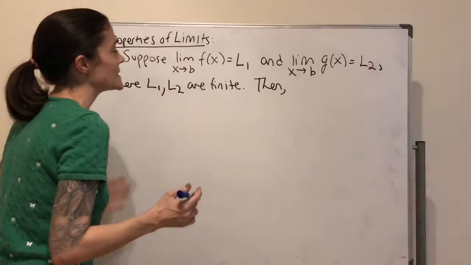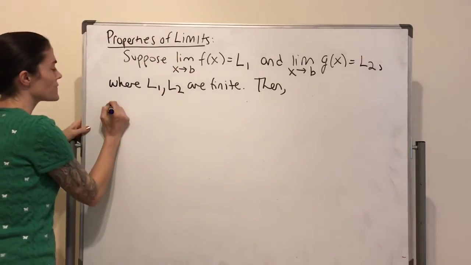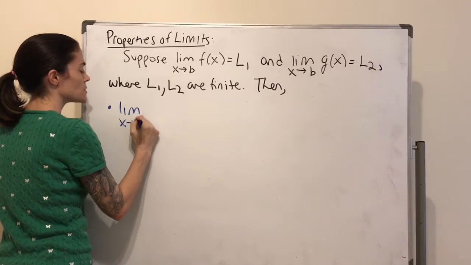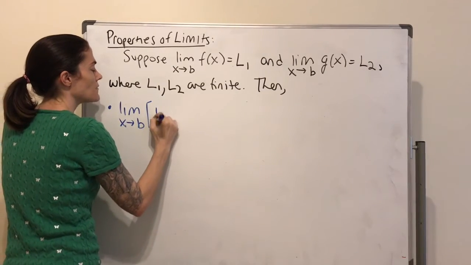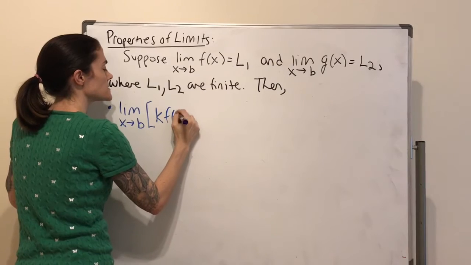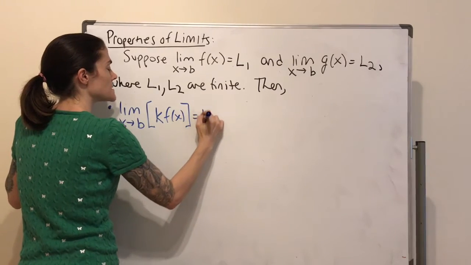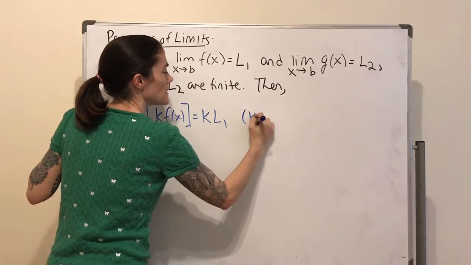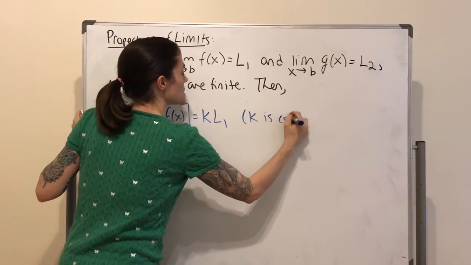And then we can say some things. So the first thing I'll say is that the limit as x approaches b of k times f of x is k times L1, and here k is some number. It's a constant.